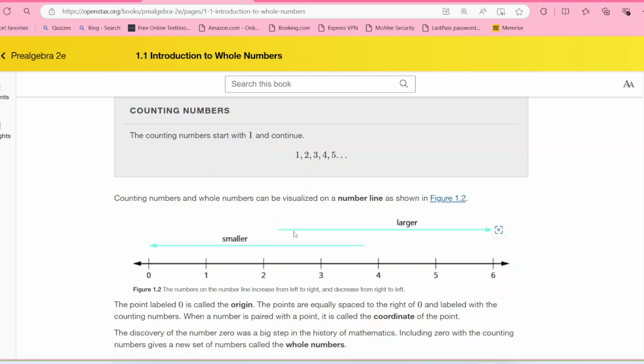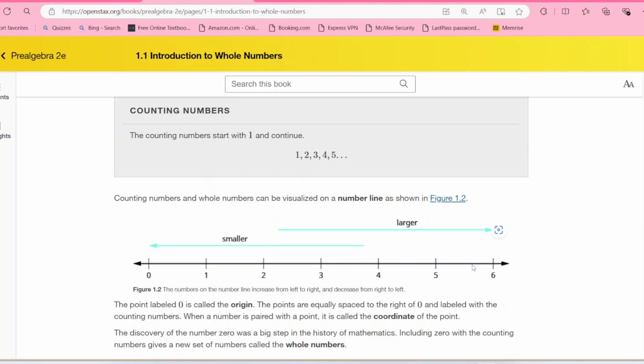The arrow up top goes from left to right, and as you go from left to right on the number line, numbers are getting larger. So 1 is larger than 0, 2 is larger than 1, 3 is larger than 2, 4 is larger than 3, 5 is larger than 4, 6 is larger than 5, and so on.